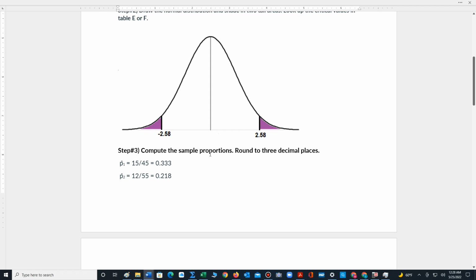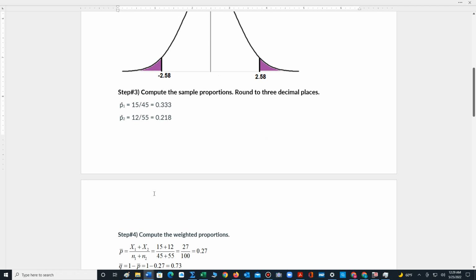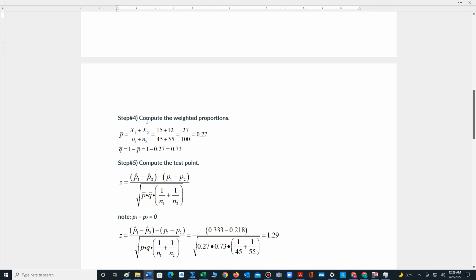Now we have to compute the sample proportions. So P hat sub 1 is 15 out of 45, which we round to 0.333. P hat sub 2 is 12 out of 55, which we round to 0.218. Next, we compute the weighted proportions.